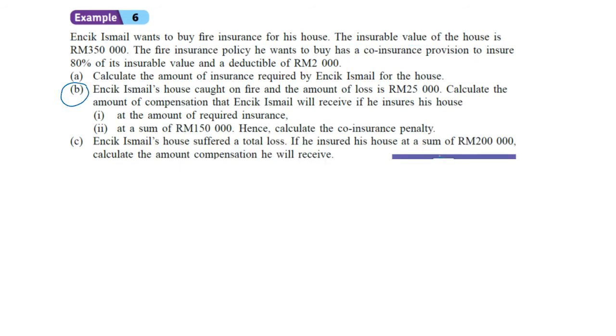Now let us see B. Encik Ismail's house caught fire, and the amount of loss is 25,000. Calculate the amount of compensation that Encik Ismail will receive if he insures his house at the required insurance. Required insurance, if you still remember, is 280,000. Just now we have calculated already. So how much will he get?